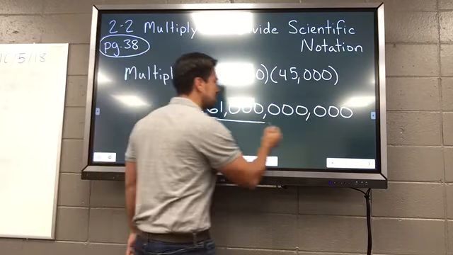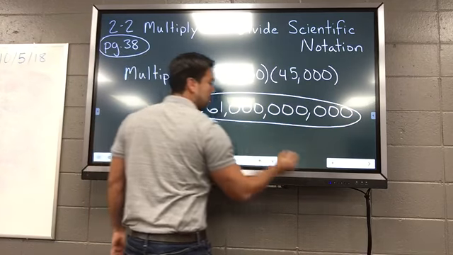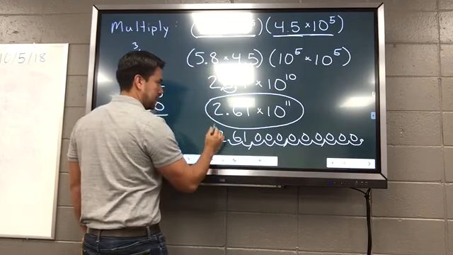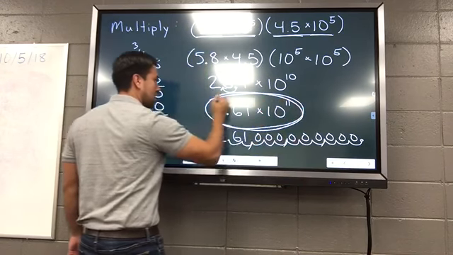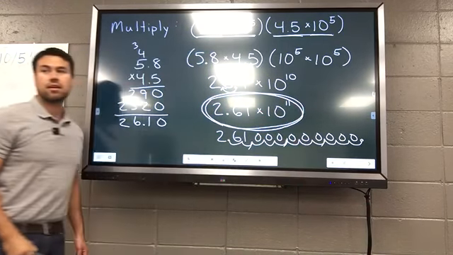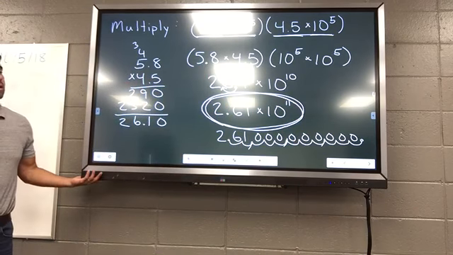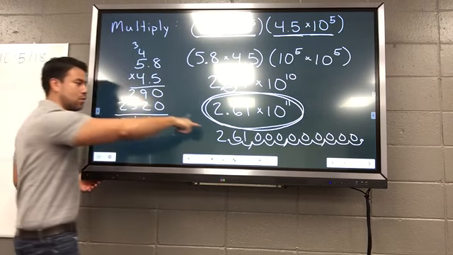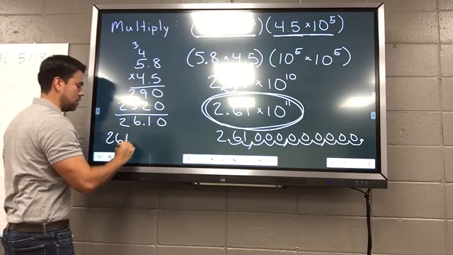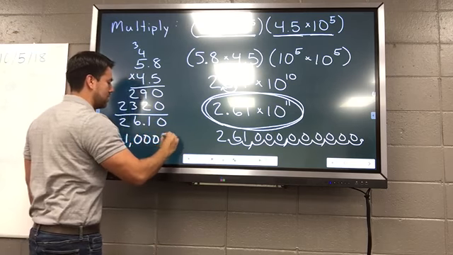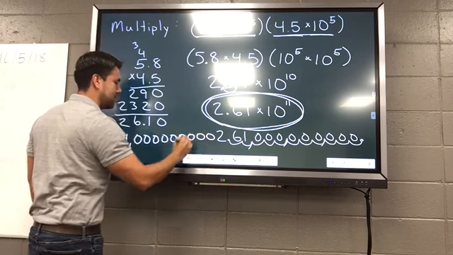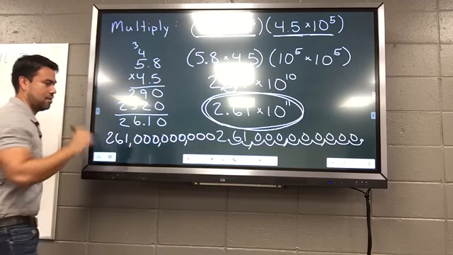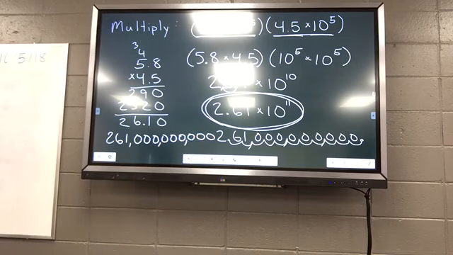So this is the answer. And this is the answer. Are they the same thing? Yep. So you need to be able to do it in scientific notation, and then you can get it to standard form. Okay, so you see how you would have gotten the same answer?